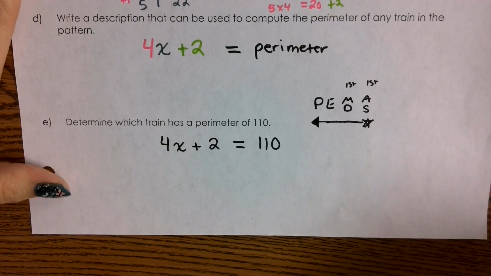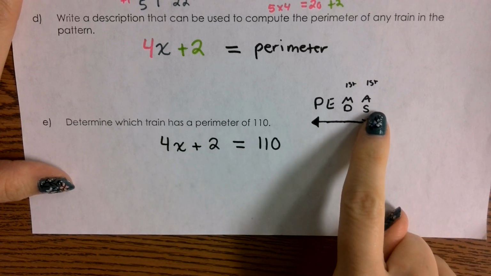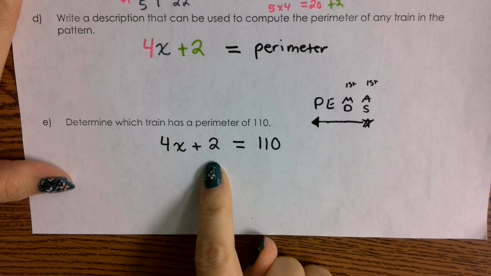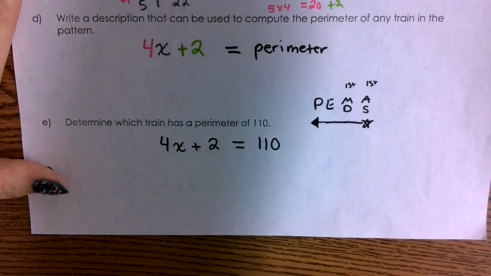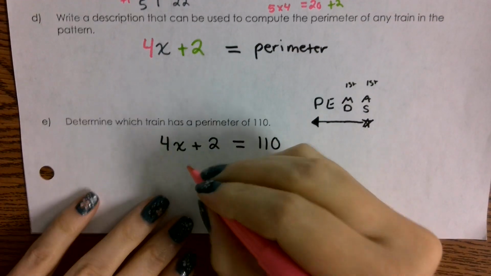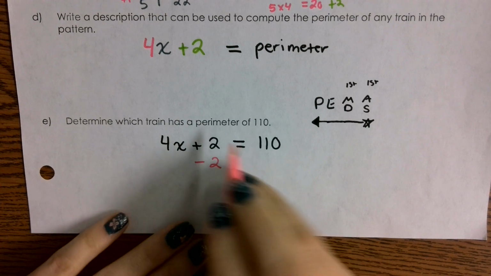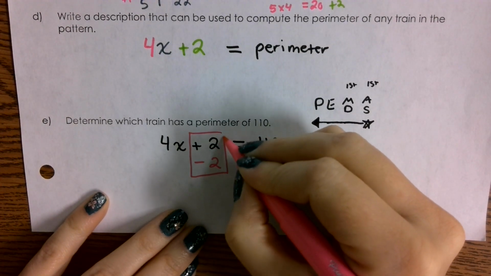The first thing we want to do is get rid of that constant, because we want to get rid of any addition or subtraction. What's the opposite of addition? Logan? Subtraction. So the opposite of addition is to subtract. We're going to subtract 2 from 2. What did I just create here, guys? What do we call it when it's a positive 2 and a negative 2?